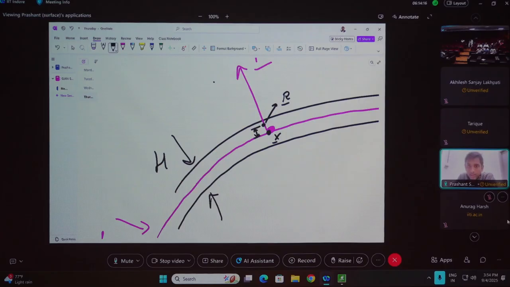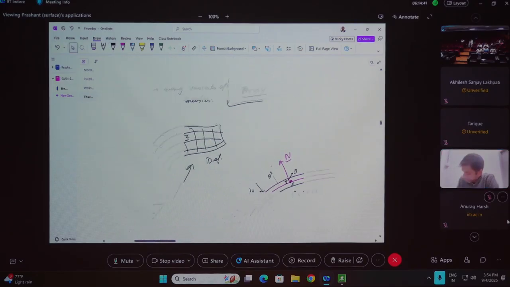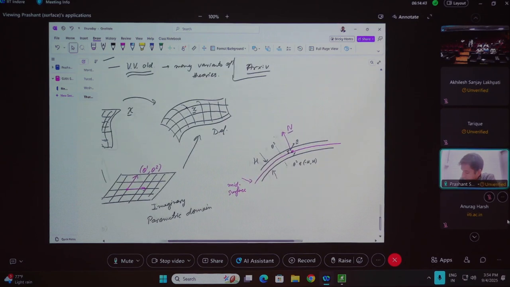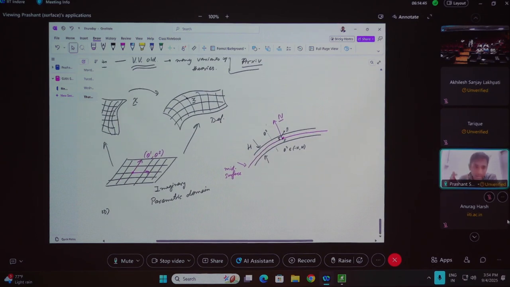Okay, and for this point R, you can define a coordinate axis. So along this direction, you can define a coordinate which is θ3. So θ3, for example, lies between negative h and positive h. So you have already had θ1 and θ2 in the parametric domain, and now you've got a θ3 in the thickness direction.